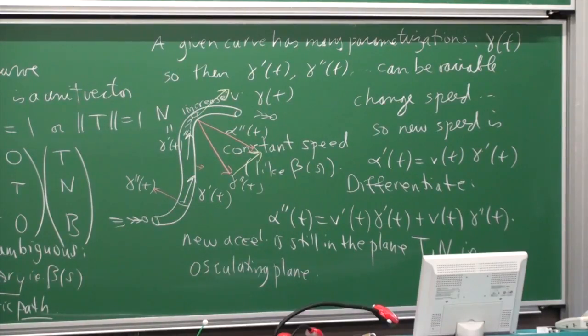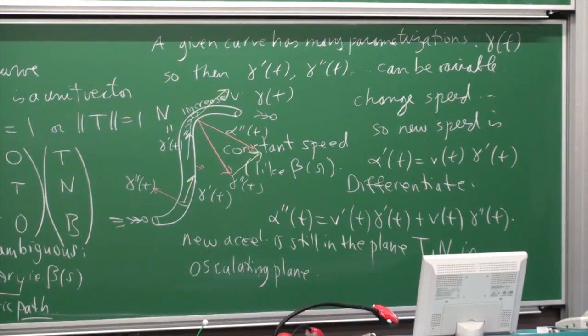Okay, it's important to be flexible about our parameterizations because in differential geometry, although it's theoretically nice to have a unit speed curve, in practice it's often quite difficult to write down concretely the equations for a unit speed curve. Reparameterizing can be a major technical challenge.